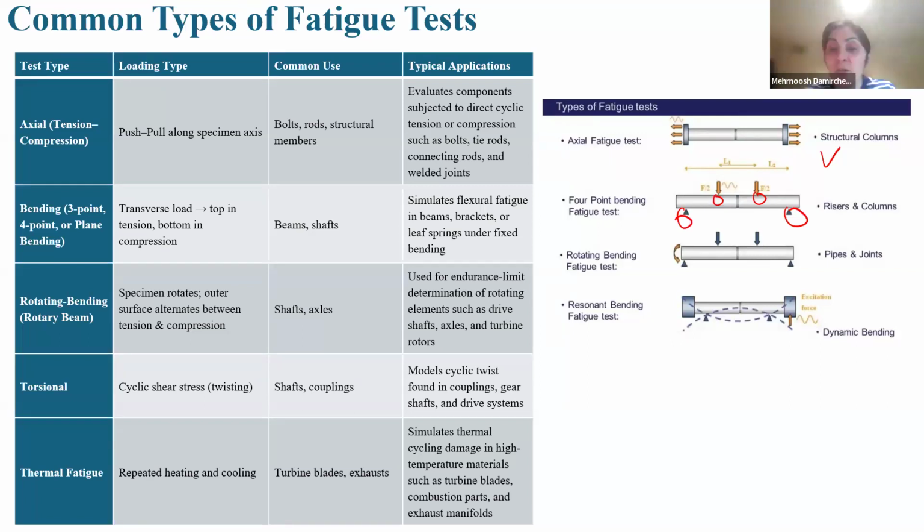Another type is the torsional test, which applies cyclic shear stress, modeling twisting loads in couplings or drive systems. Another very important type is thermal fatigue, caused by repeated heating and cooling, which is common in turbine blades or exhaust components.